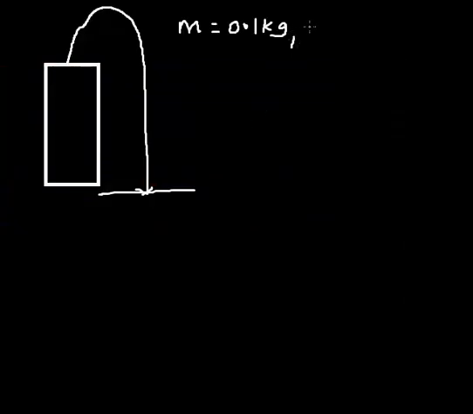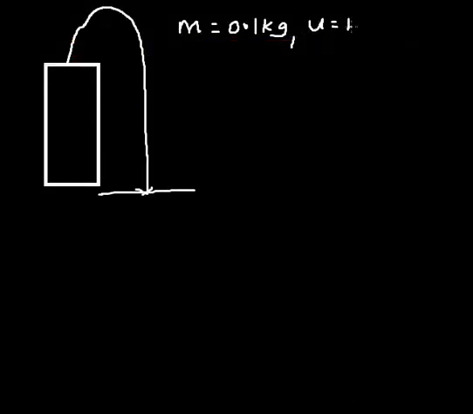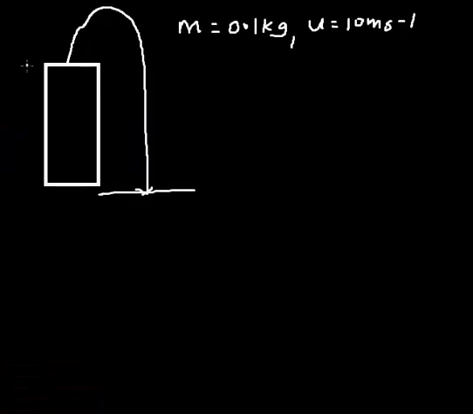This speed is the initial velocity. The bullet was thrown with 10 meters per second as the initial velocity. Then of course, the height of this tower is said to be 10 meters.